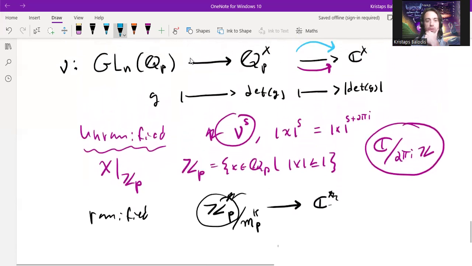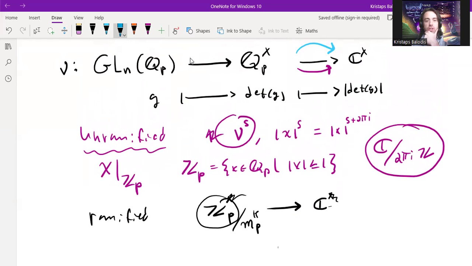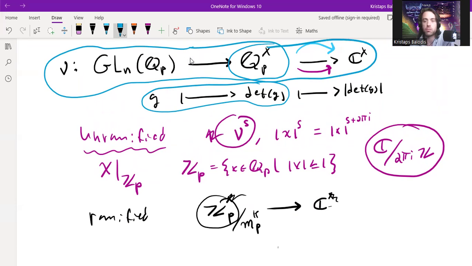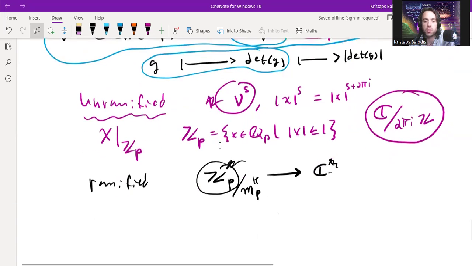Let's go back. So we're trying to understand what are the one-dimensional, irreducible representations of this matrix group. Well, we know we can use the determinant character together with these other characters of the multiplicative group of the p-adic numbers.